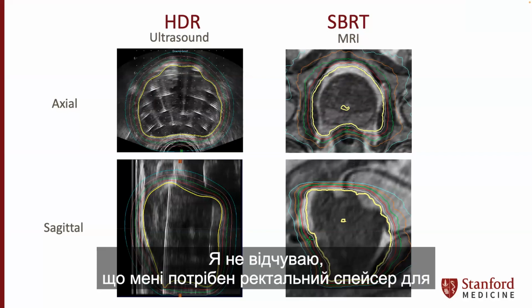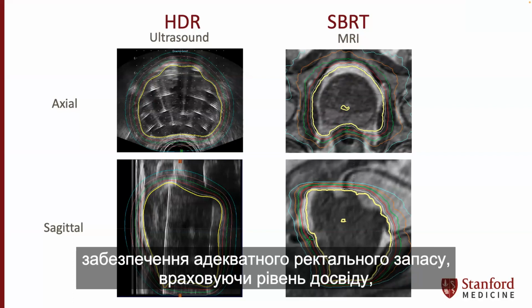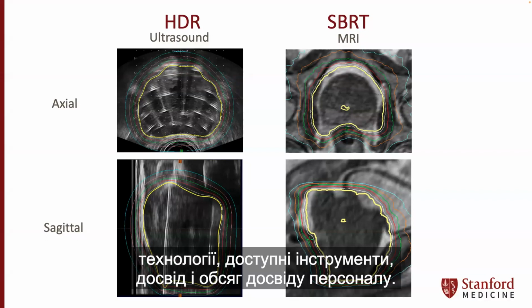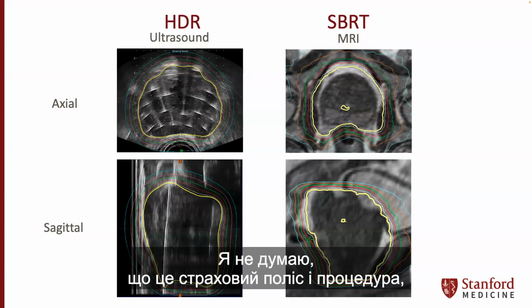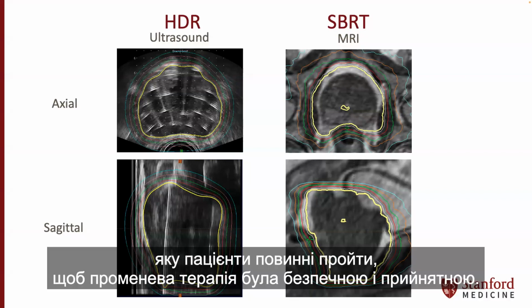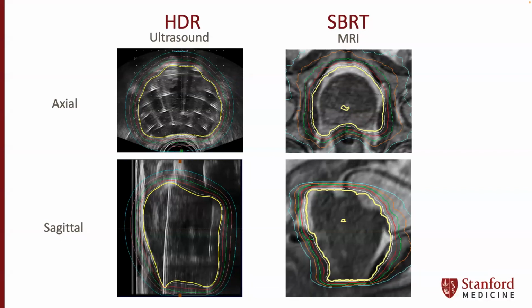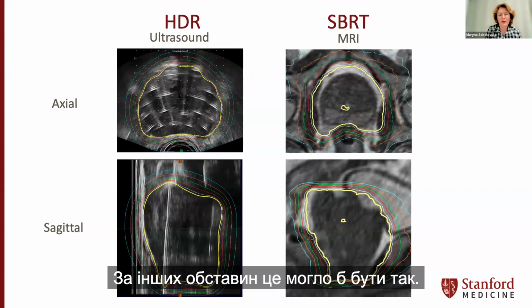I don't feel that I need a rectal spacer to ensure adequate rectal sparing, given the level of experience, technology, and tools available, and the experience and volume of experience of the staff. I don't think that is an insurance policy and a procedure that patients need to undergo to keep the radiation therapy safe and acceptable. Under different circumstances, it might be.